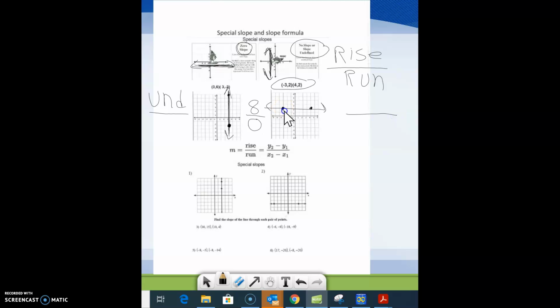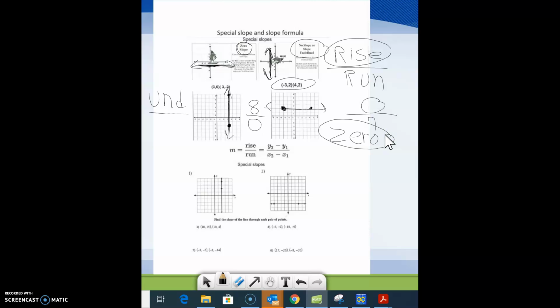So if I start with this point, you'll notice I can't rise. I can't go up and down. So there's no rising, just a bunch of running. 1, 2, 3, 4, 5, 6, 7. And it really doesn't matter what the bottom number is in this particular problem because you're going to have a zero slope. Okay? All right.